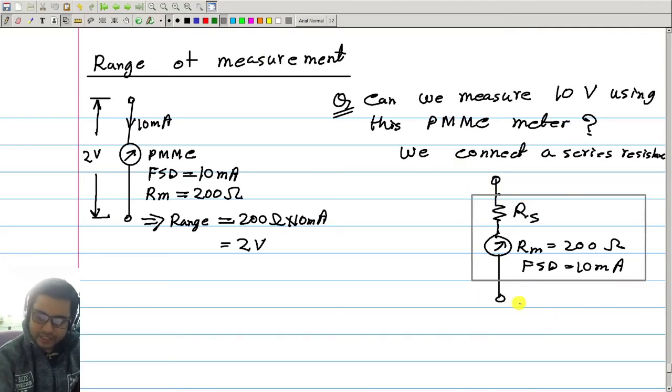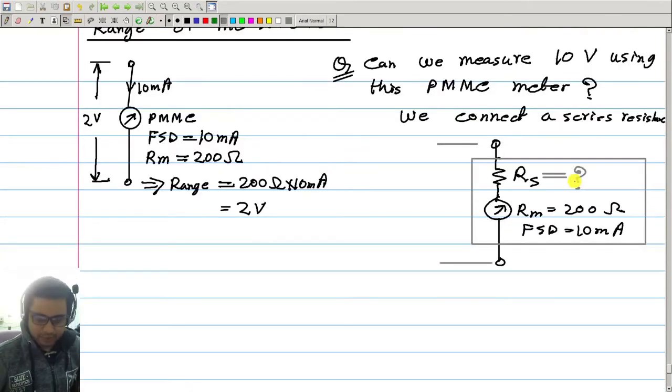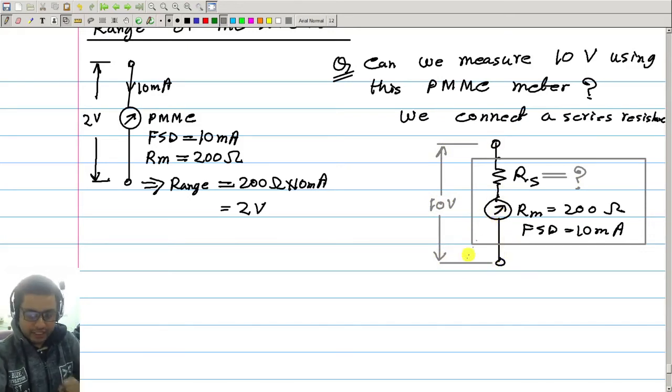Now I want to measure 10 volt. I want to see full scale deflection when 10 volt is applied between these two terminals. So I ask, what should be the value of this series resistance? The answer is very simple. We want 10 volt being applied across these two terminals when we would like to have full scale deflection.